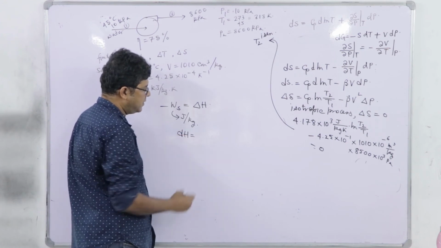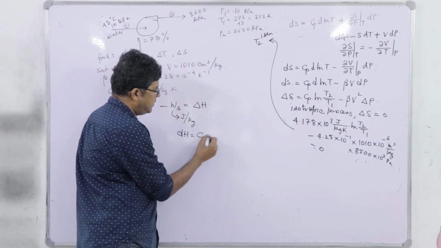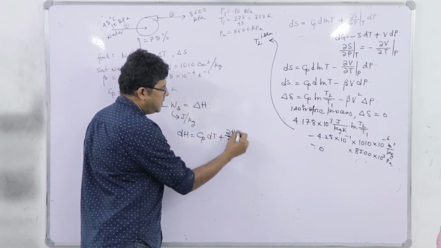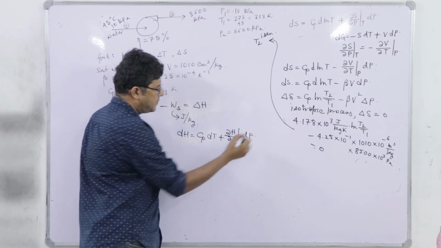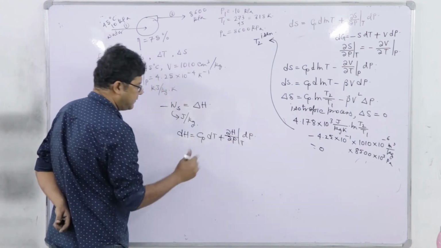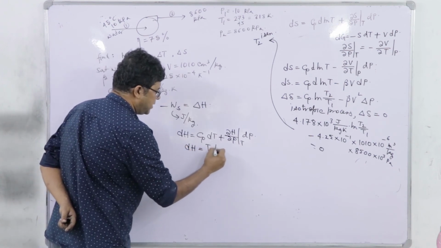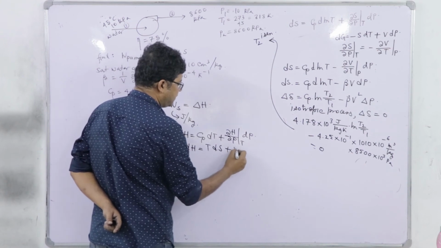So, dH is equal to, you see, Cp dT plus del H del P at constant T dP, right. I am not using the final formula. So, dH from the second fundamental relation, TdS plus VdP.